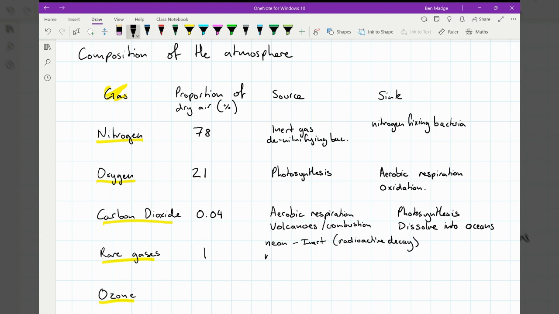Things like methane, however, are carbon-containing compounds, and that is from anaerobic respiration, things like decay in swamps. And the sink is methanogenic bacteria, which means bacteria that eat methane.